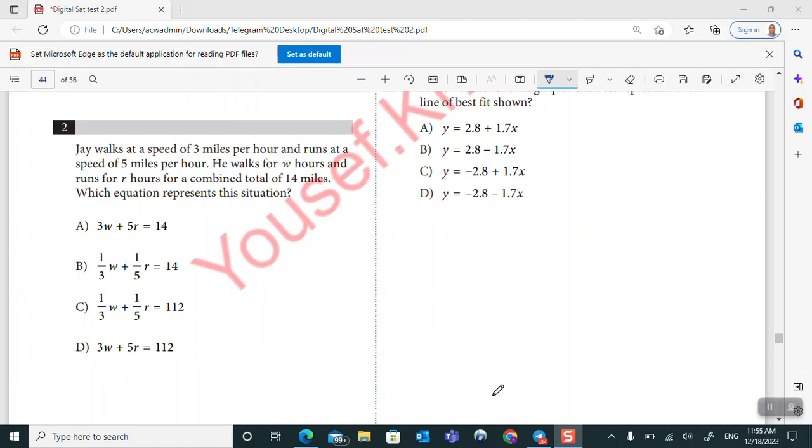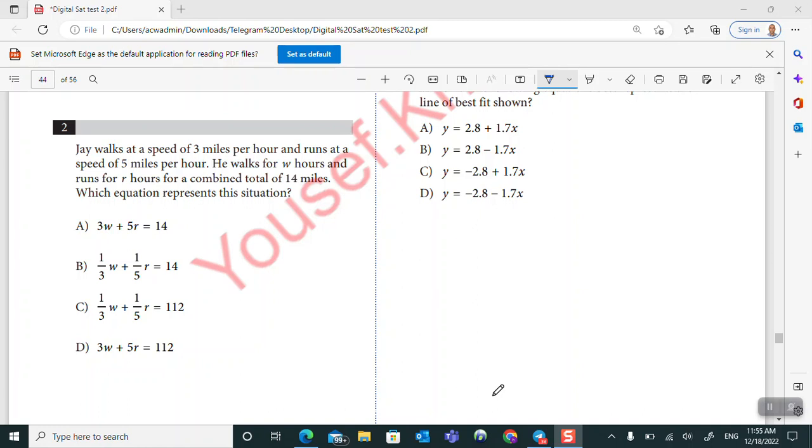So here, all what you have to do is relate each constant to its variable and form an equation. So that's testing how you could form a linear equation.